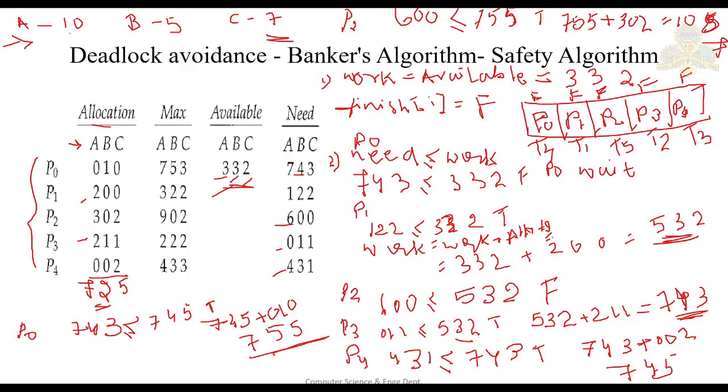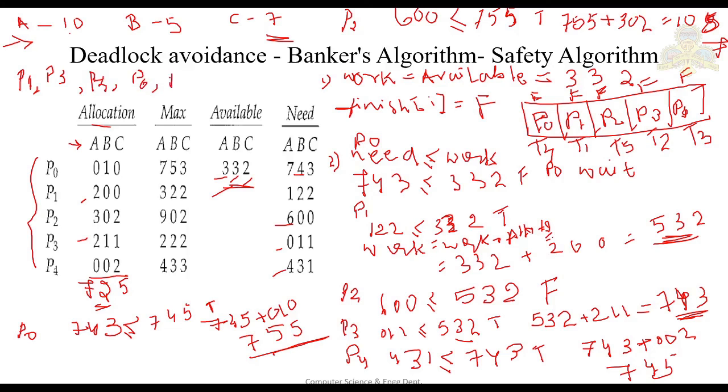Okay. Now how have we executed the processes? Which was the first process to be executed here? P1 terminated first. Then P3 terminated next, right? P1, comma, P3, comma. Next terminated was P4, comma P0.